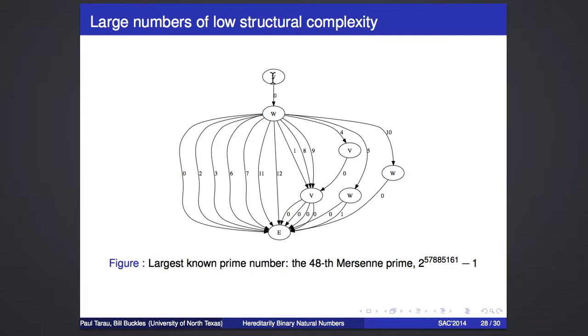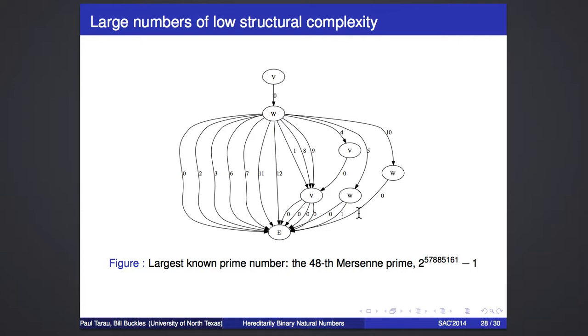We can see the nodes marked by V and W, and at the same time we can see the 0 and 2 and 3, the numbers on those arcs indicating the position in the list of children of a given node.